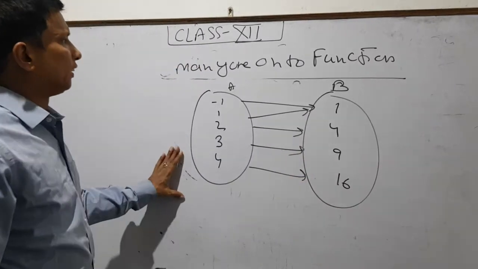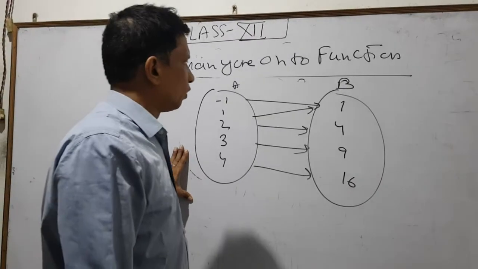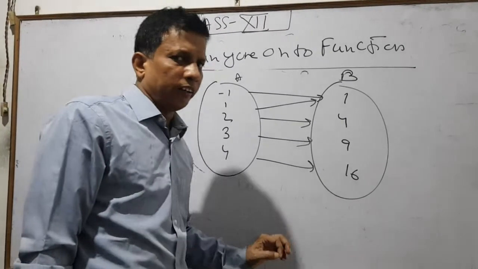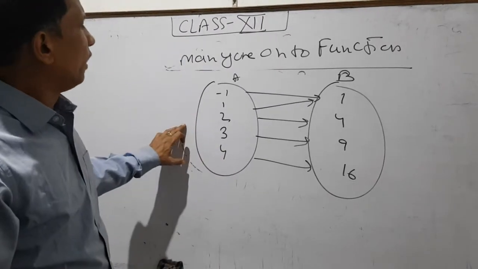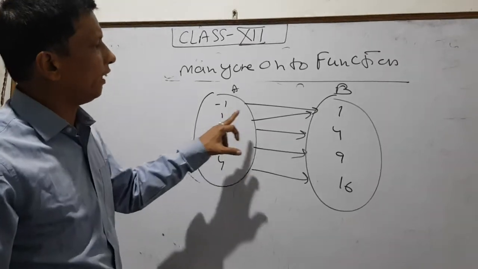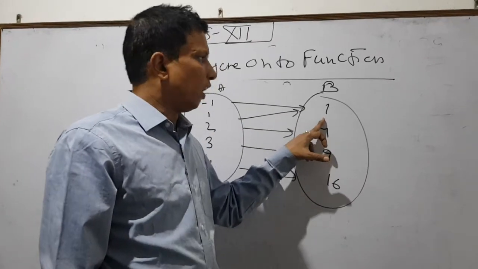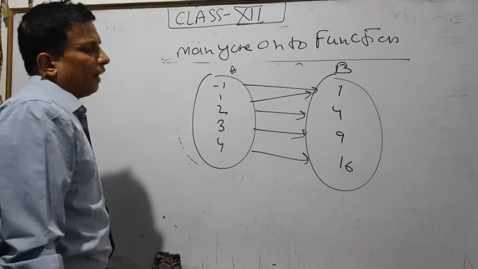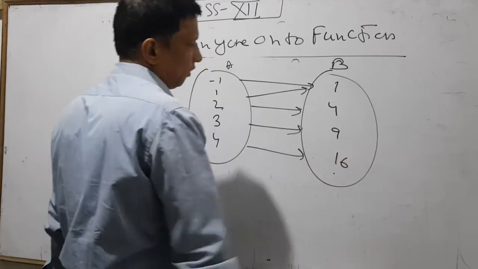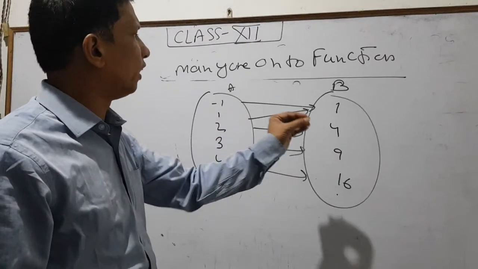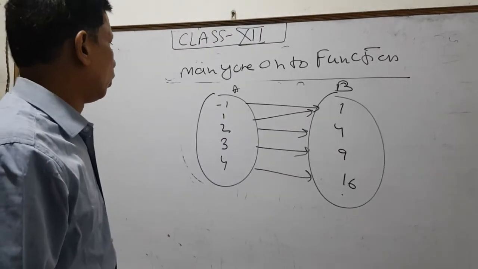This is known as many-one and onto function. Why is it many-one? In A, two elements have the same image in B, and it is onto, no element left in B. Therefore, it is known as many-one and onto function. Note down this one.